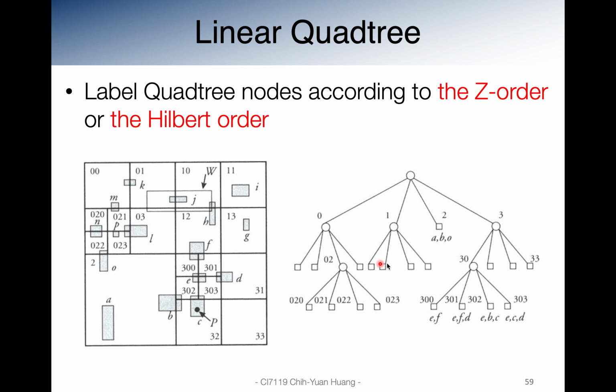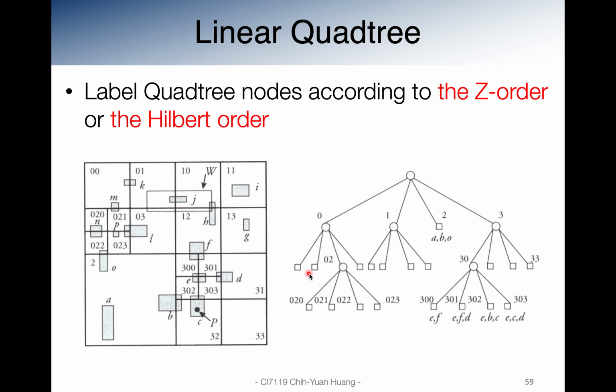With the one-dimensional order and the labels over here, we know that those leaf nodes actually follow a certain order. It goes from 0 0 to 0 1, then 0 2 0, 0 2 1, 0 2 2, 0 2 3, then 0 3, then 1 0, 1 1, 1 2, 1 3, then 2, and then 3 0 0, 3 0 1, 3 0 2, 3 0 3, and 3 1, 3 2, 3 3.